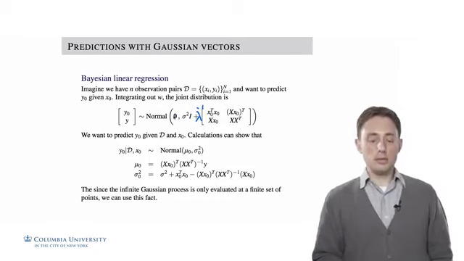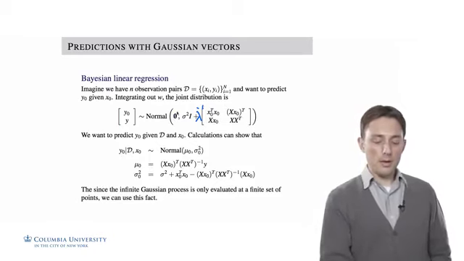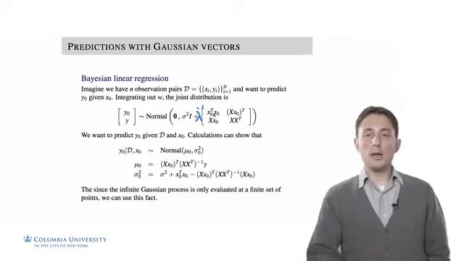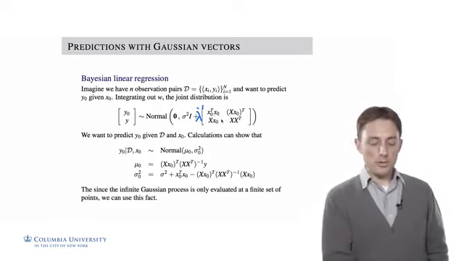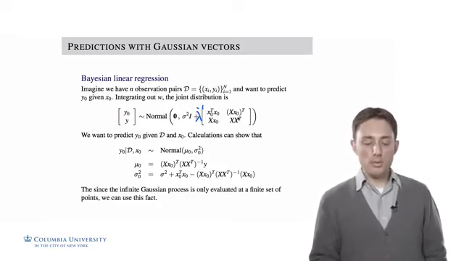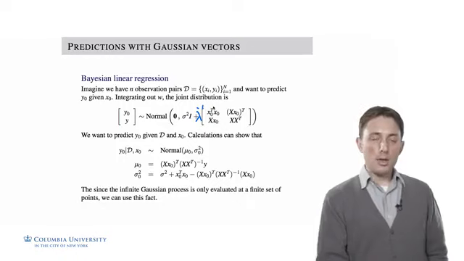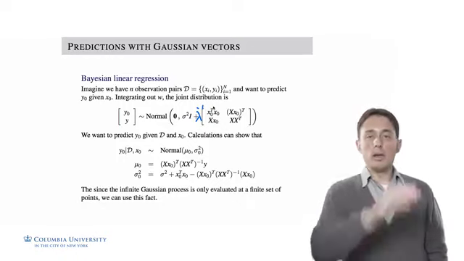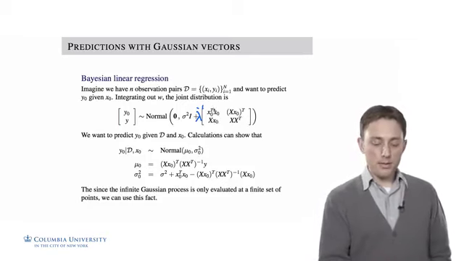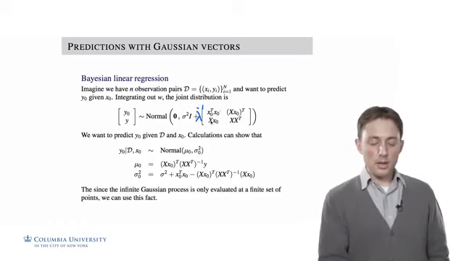The mean remains zero mean, and now the covariance becomes this extended matrix where I have along the lower right the original xx transpose, and now I have to add one row and one column to that matrix. So in my first entry here, I have the dot product between x naught and itself. Then in the lower right, I have the product x naught, and then I have that transpose.